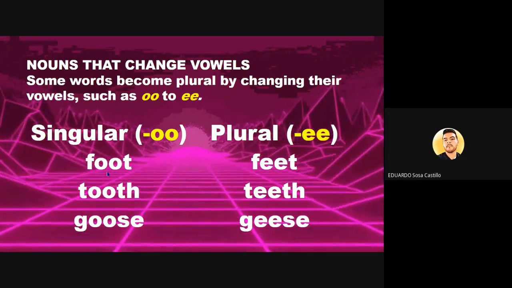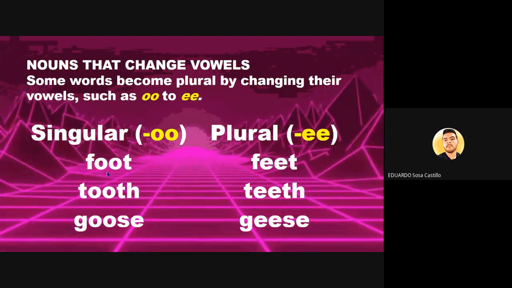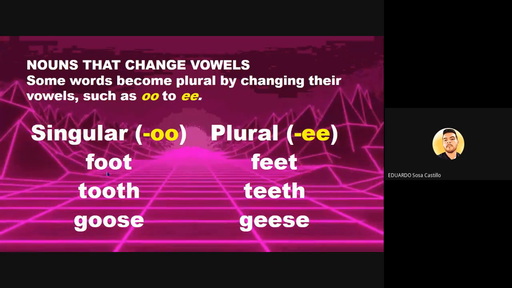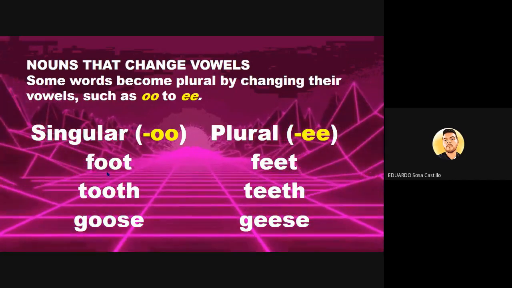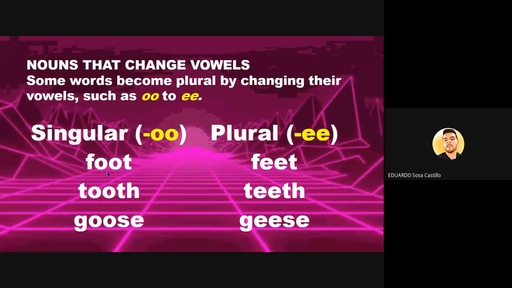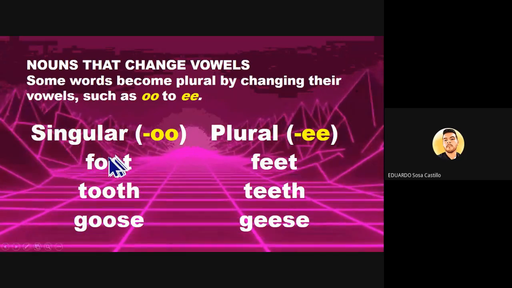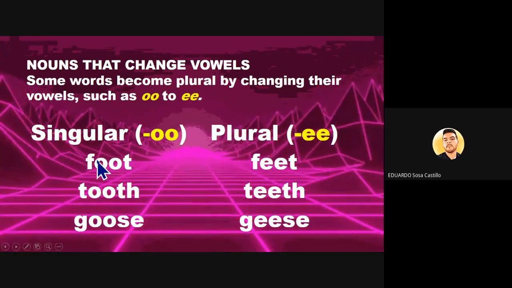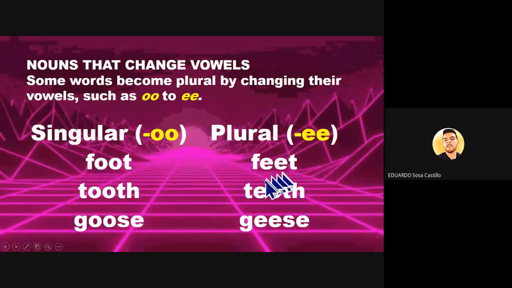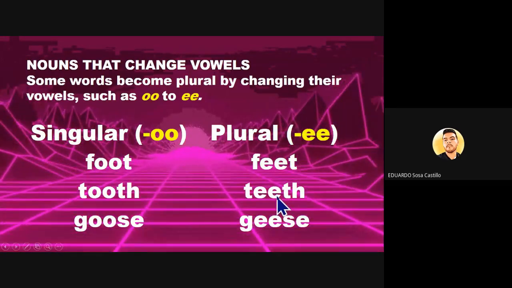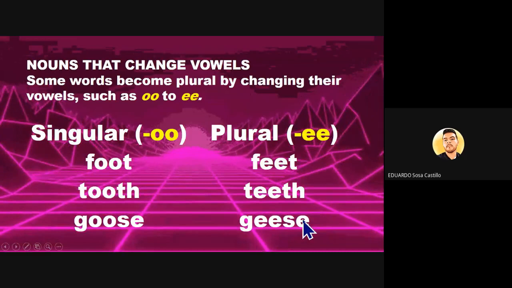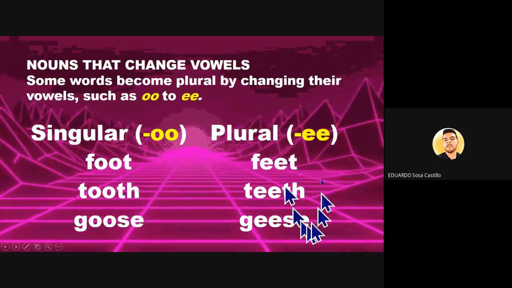Foot, and then I will tell you for tooth, and then I'll tell you for goose. When we have double O in plurals, you change it to double E. For example, foot, feet, tooth, teeth, goose, geese. Can you see in these words?